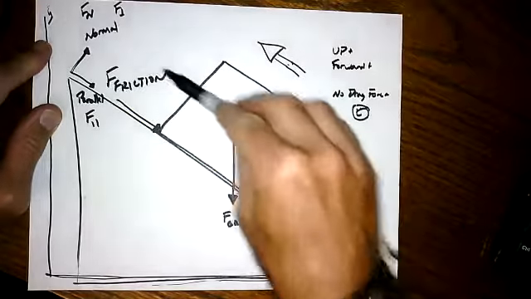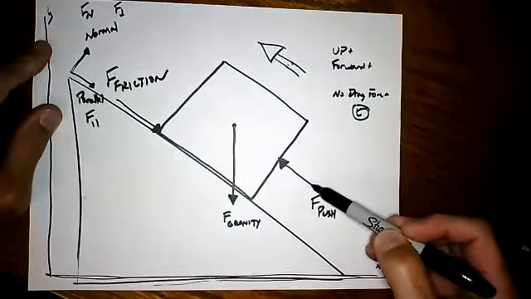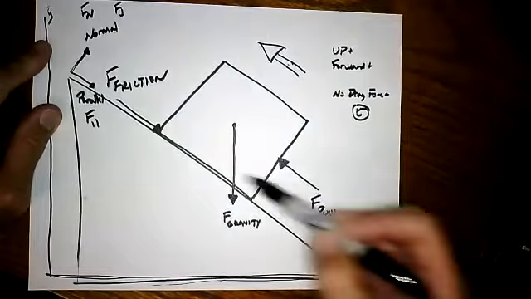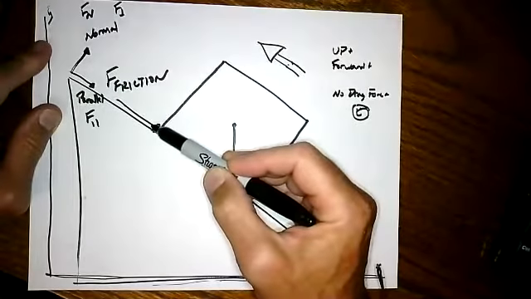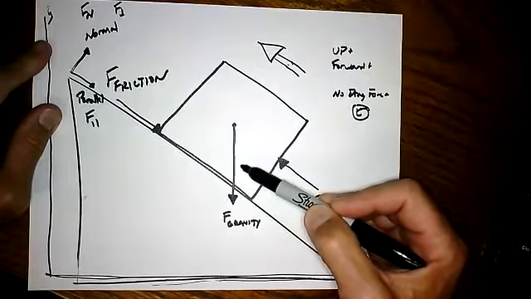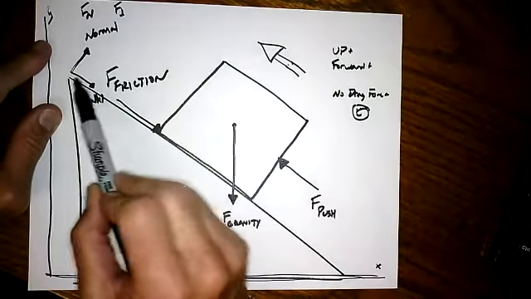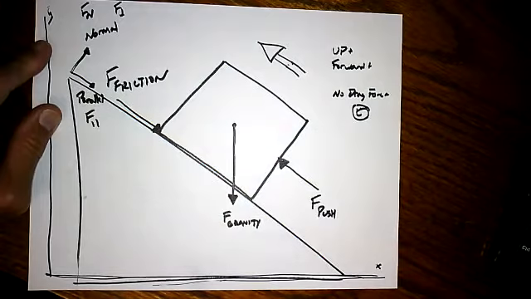So either parallel or normal. This force is already in the parallel direction. That's fine. This force is already in parallel direction. This one is not in parallel nor normal. So I have to decompose this force vector to this new reference frame. Okay, decompose the force vector.